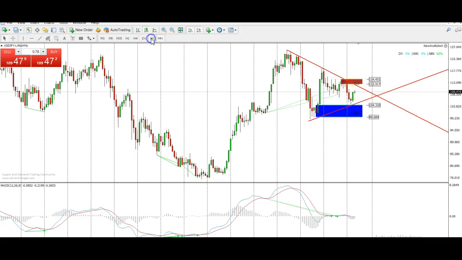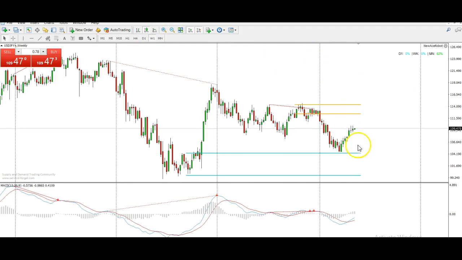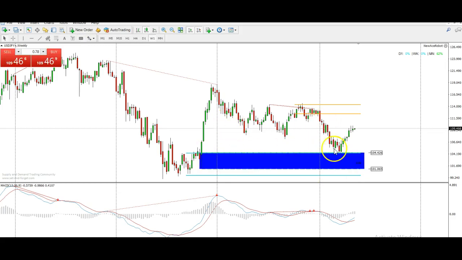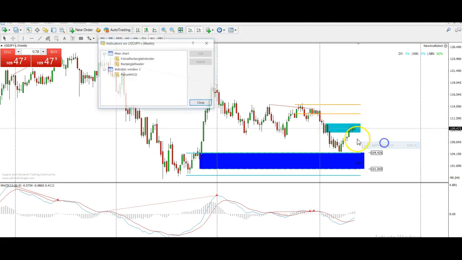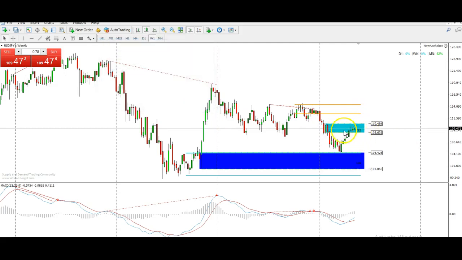So let's look at the weekly. From this weekly buy trade, the first easy target has been hit, which was here, and it had a bit of a retracement on the weekly.